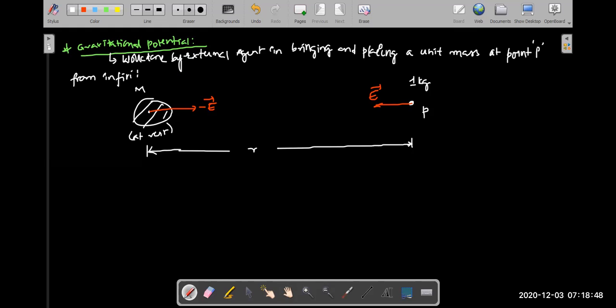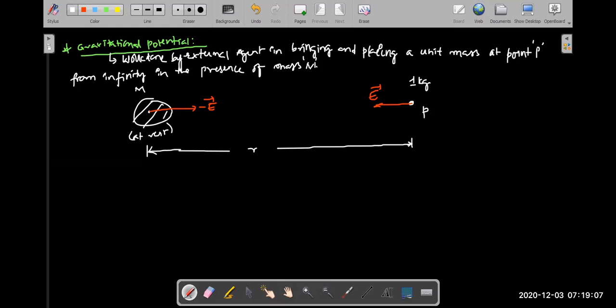That means from infinity you are bringing it and placing it at point P in the presence of mass m, or in the vicinity of mass m. Clear? So that is nothing but the work done.